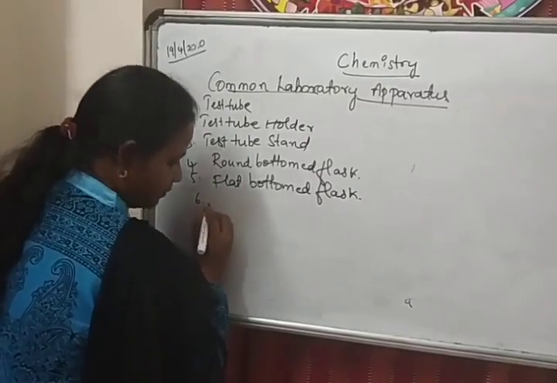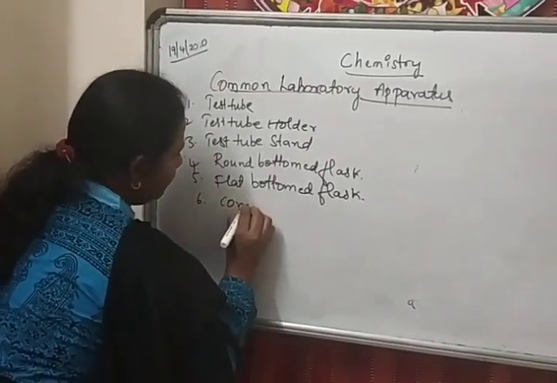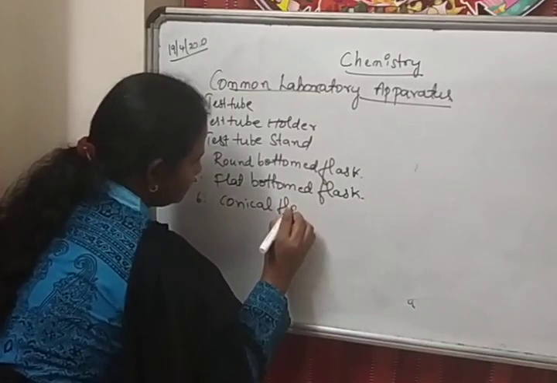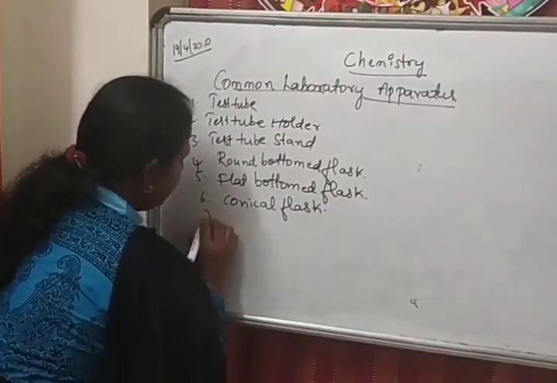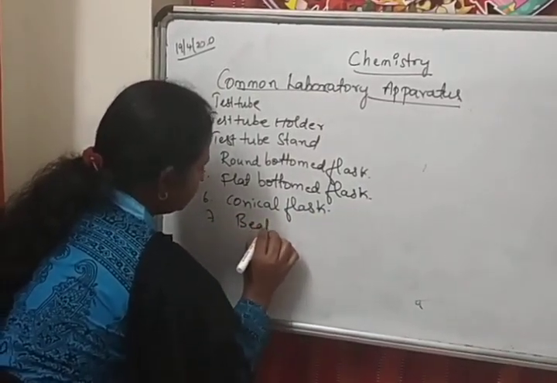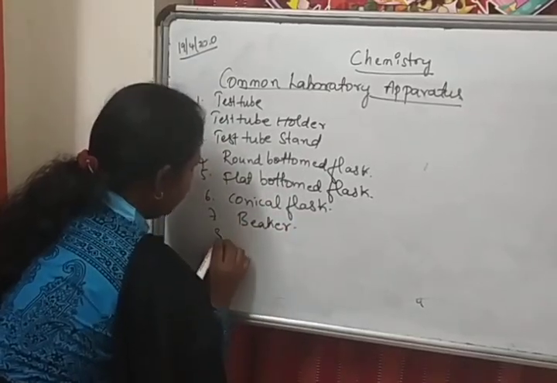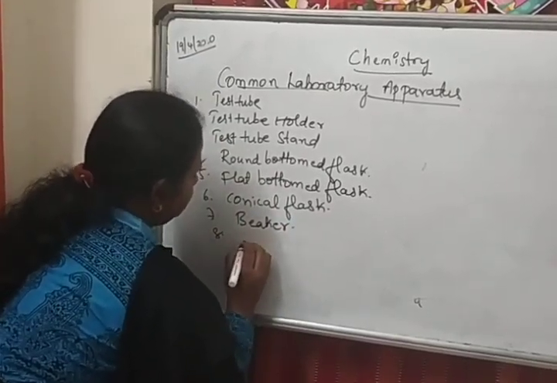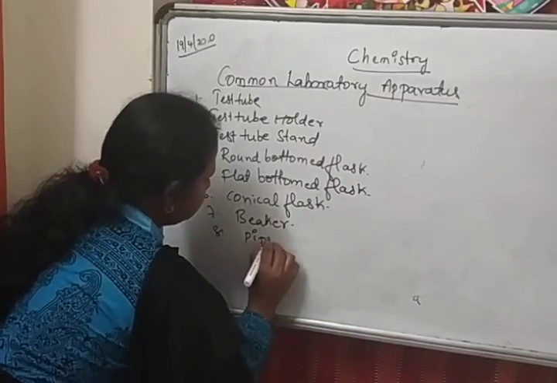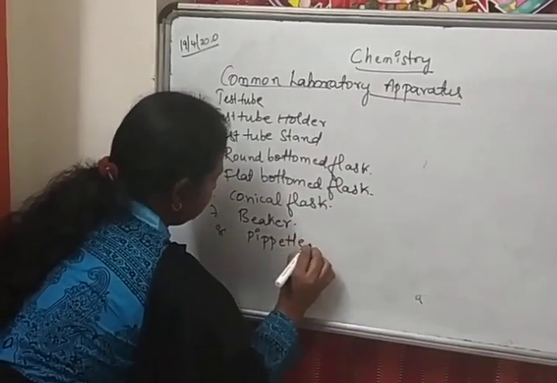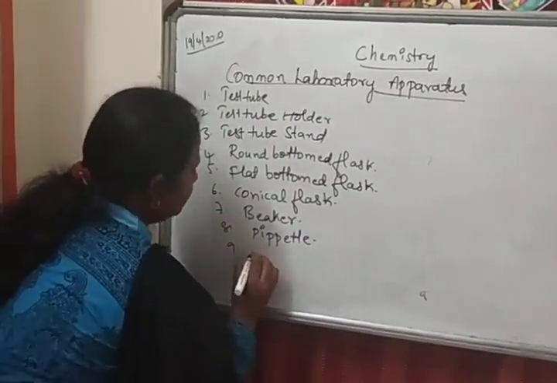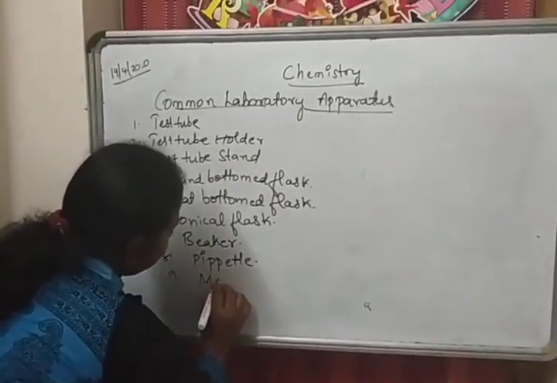Then sixth one, conical flask. Seventh one, beaker. Eighth one, pipette. Ninth one, measuring cylinder.